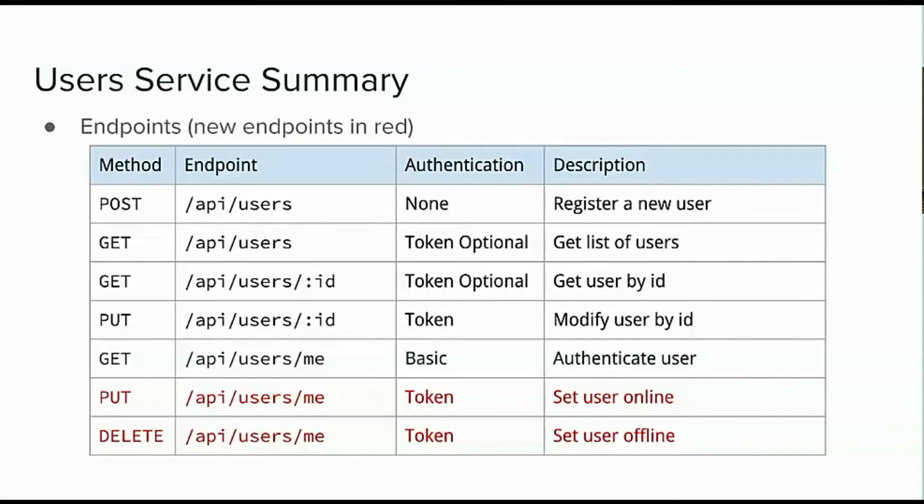So two new requests: we're going to use put and delete on this /me endpoint. Put will set the user online, and delete will set it offline. Then Socket IO will send these requests, when it gets the notification, internally to users to update the user state.